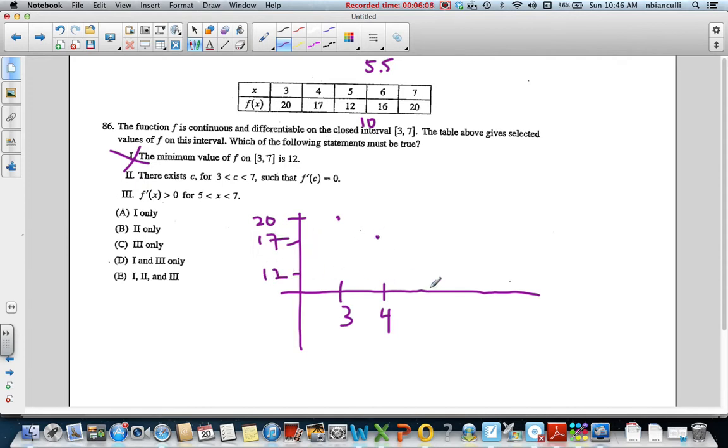I know I'm not really drawing this to scale, but that's okay. At 6, we're at 16, so we're somewhere there. And at 7, we're at 20. So our simple graph would be something like this. That would be the simplest graph. And then something maybe more complicated would be something like this.